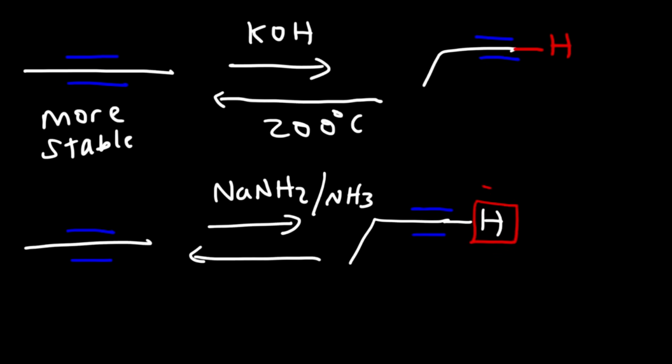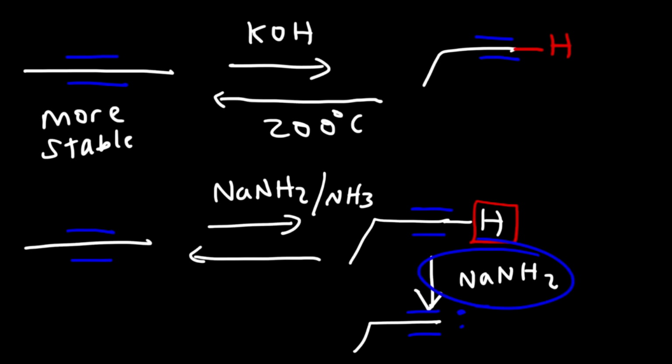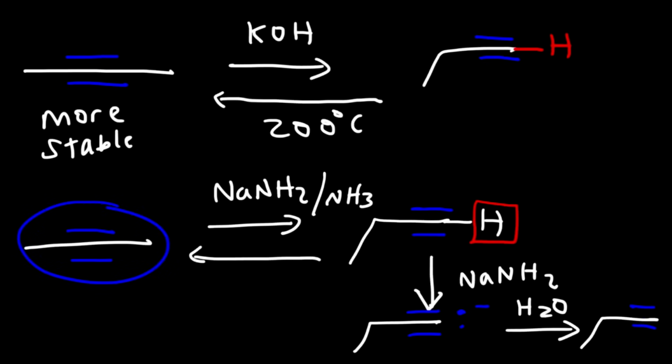So as soon as this terminal alkyne is generated, NaNH2 will take it a step further to deprotonate that alkyne. And this step is not reversible. So as soon as this forms, it doesn't go back into this form. And so that's why we can get this thing out of the solution once we add water, thus stopping the reaction.